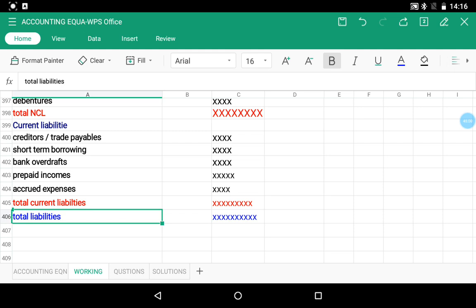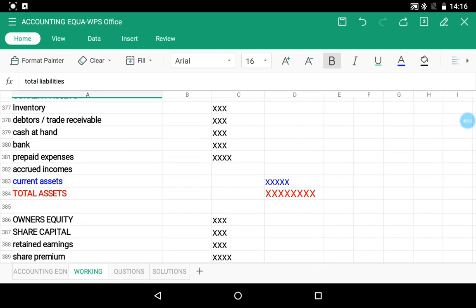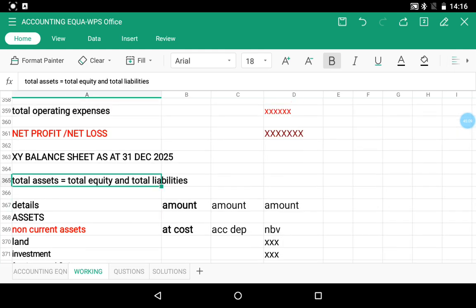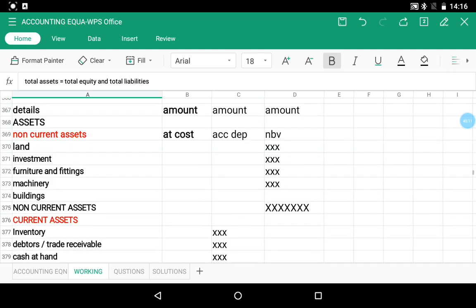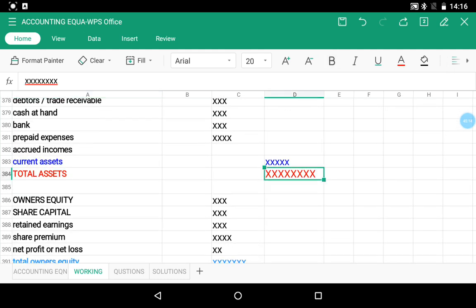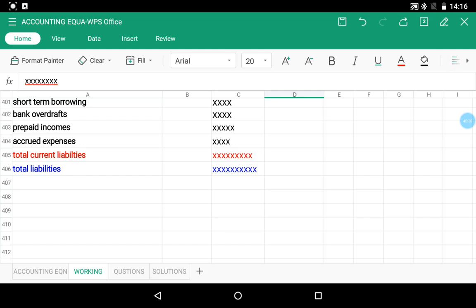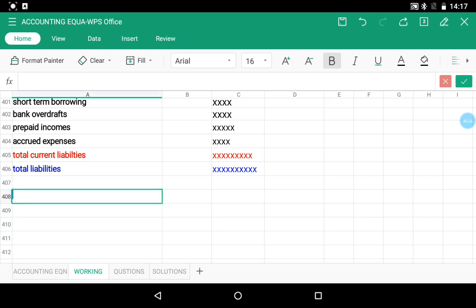And remember, we have said from the start that our total assets is equal to total equity and total liabilities. And remember, we have our total assets here. So here we are going to get our total liabilities and total owners equity.